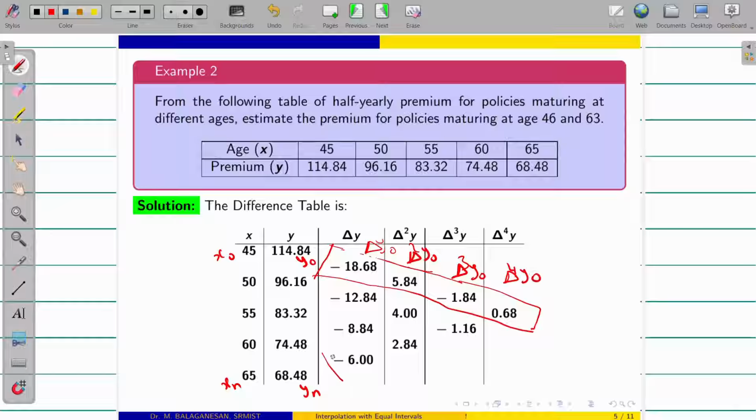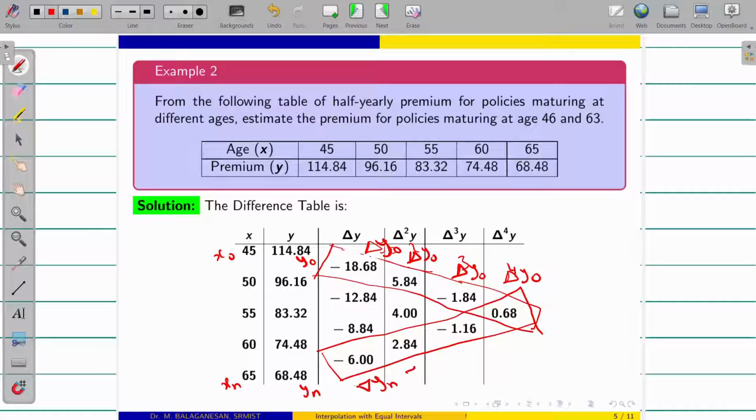Similarly, when we are applying the backward concept, we will take the last values that are going to be named as del yn, last value, because it's backward operator. Forward operator, it is y naught, first value. Backward operator, it will be yn.